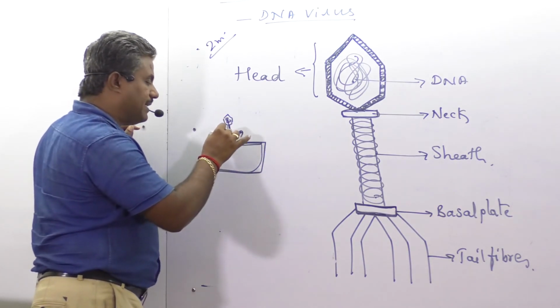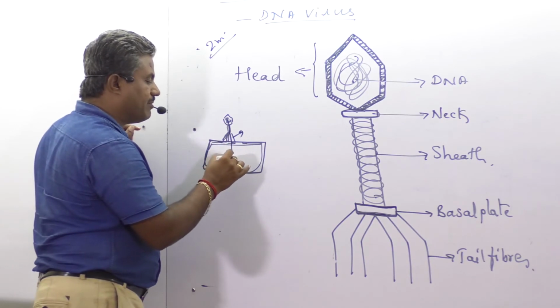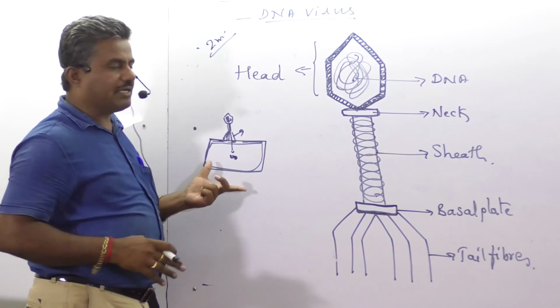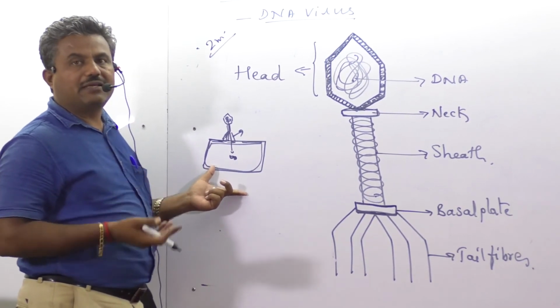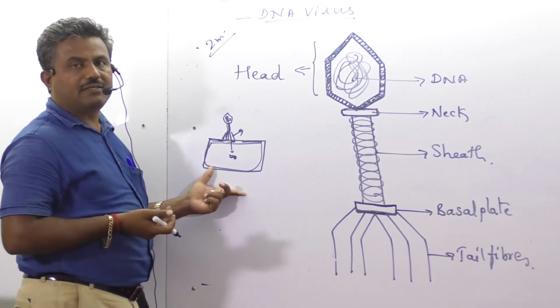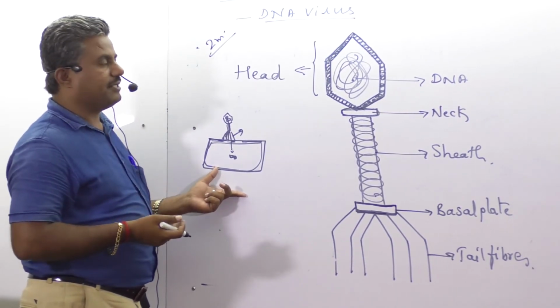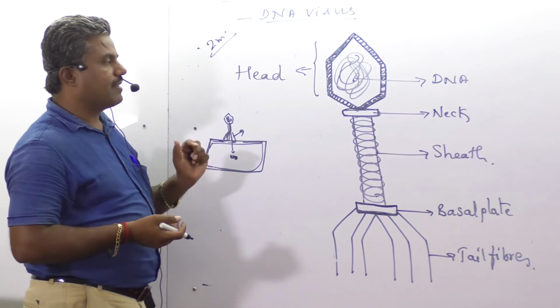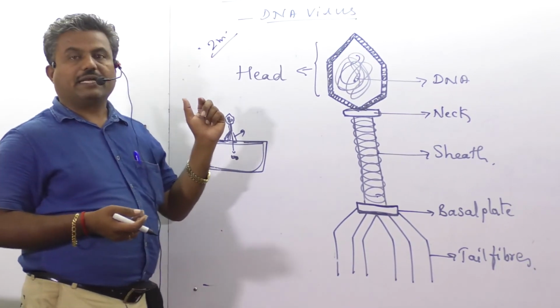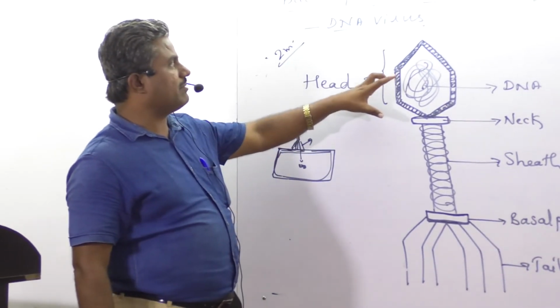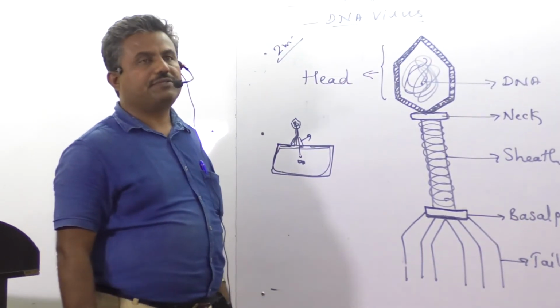Then it releases the DNA into the cytoplasm of bacteria, breaking up the bacterial cell, and the lytic and lysogenic cycle takes place. That we will discuss in the next year degree classes. Lytic and lysogenic cycle. So this is about the bacteriophage.